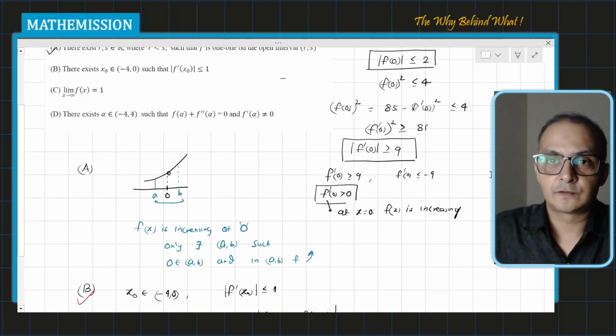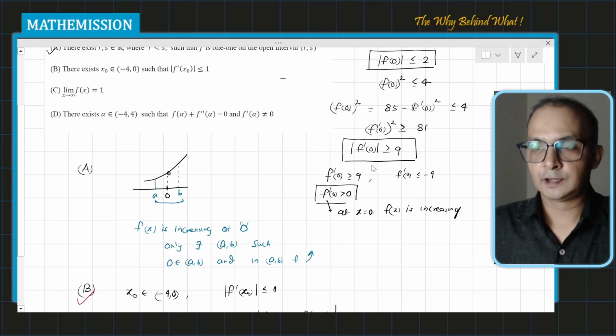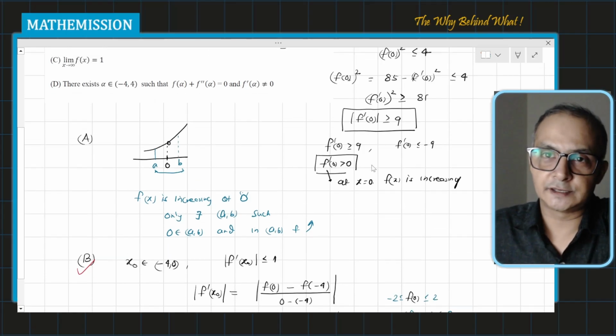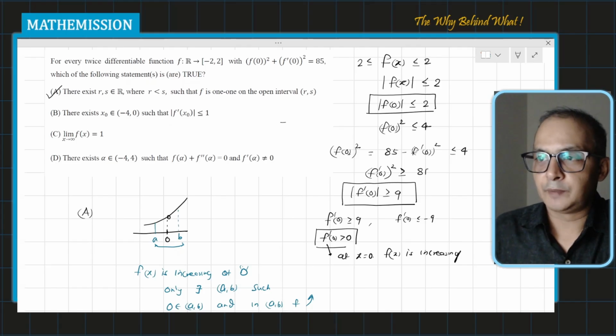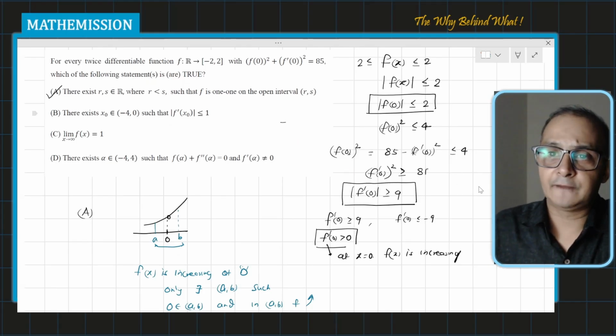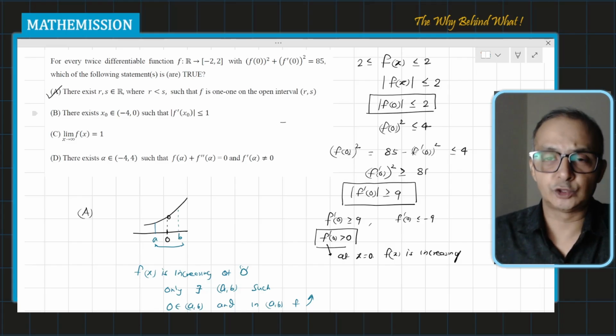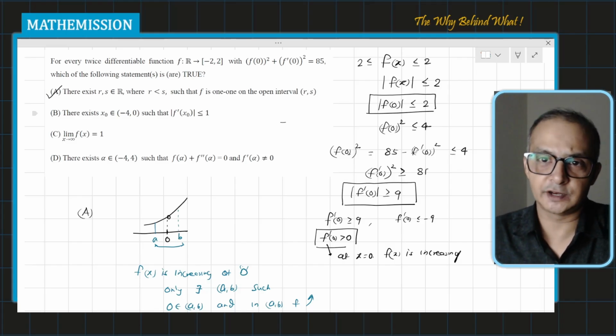Let's move forward for option number C. And option number C tells the limit x tends to infinity fx is equal to 1. Limit x tends to infinity fx is equal to 1 is not the correct statement. Why? Because I have the function value lying between minus 2 and 2, and there is no such indication that the function has a limiting value somewhere, at very far or very near.